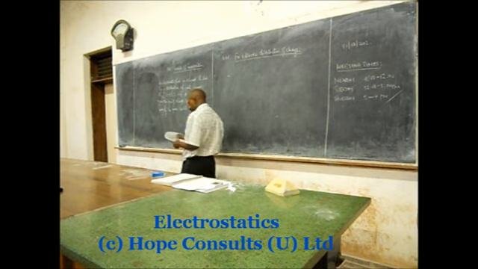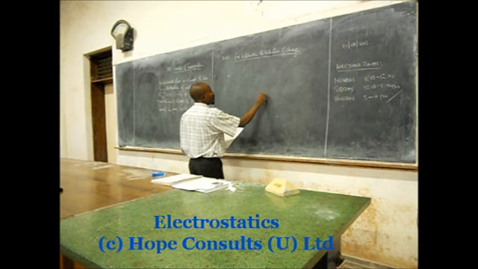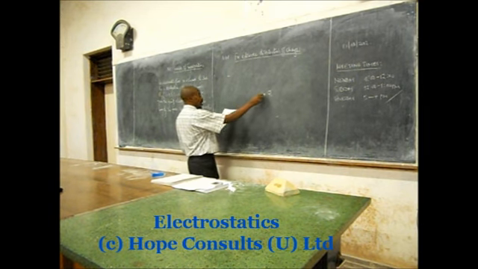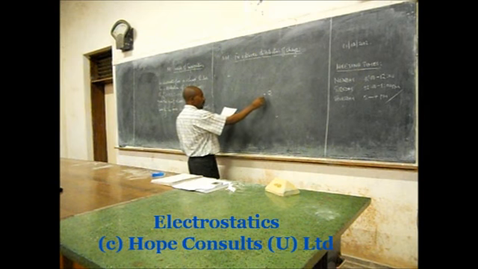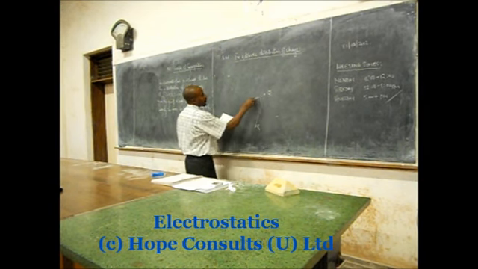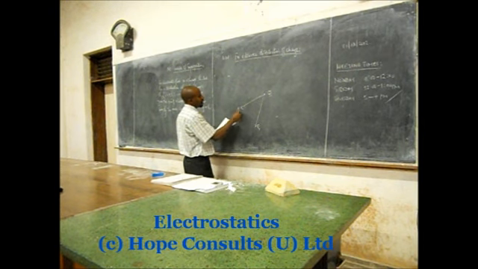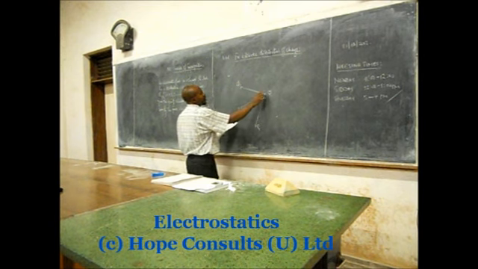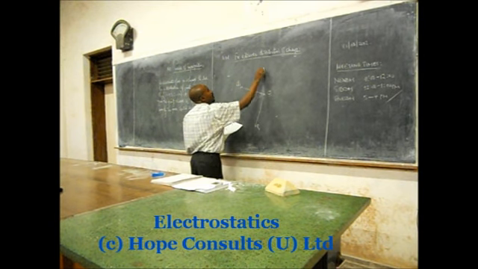So if this is our charge Q naught, and then we have the charge Q1 in the vicinity, we have Q2, we have Q3, and we have Q4 in the neighborhood.